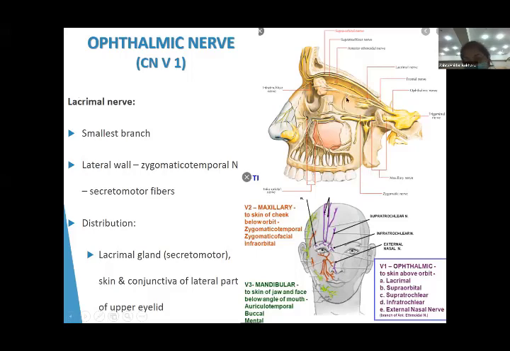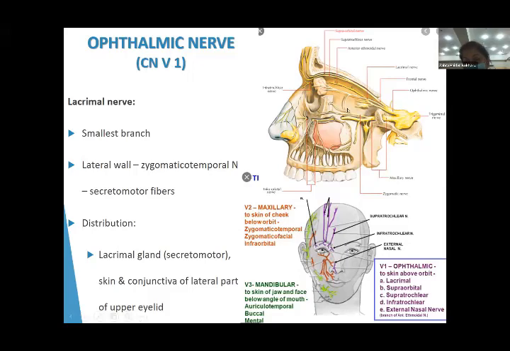It receives secretomotor branch, a branch from the maxillary. ये maxillary nerve है बेटा, second branch of trigeminal nerve. The maxillary nerve gives off a branch which is the zygomatic nerve. Zygomatic nerve divides into two, the zygomatico-temporal and the zygomatico-facial.